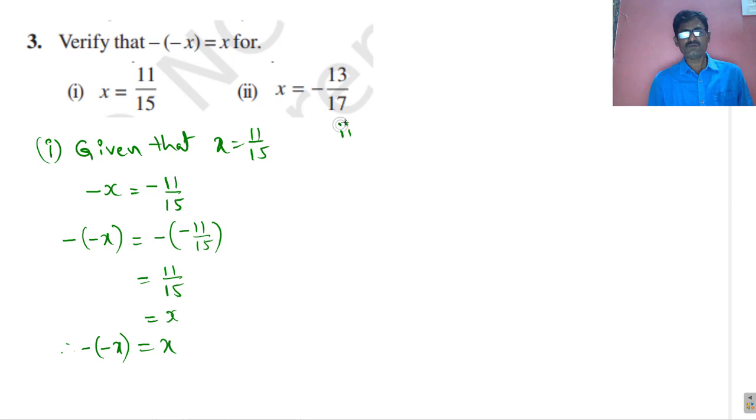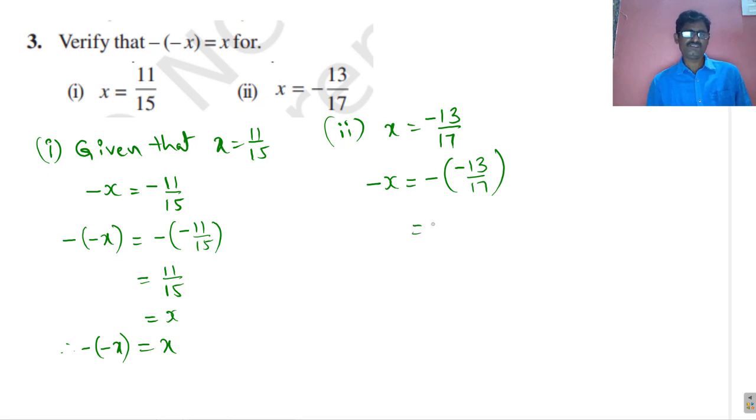Now let us do the second problem. Here given that x equal to negative 13 by 17. Now let us find out minus x. That is equal to, minus x means minus, x is minus 13 by 17. Here in this case minus of minus means plus. So plus 13 by 17.